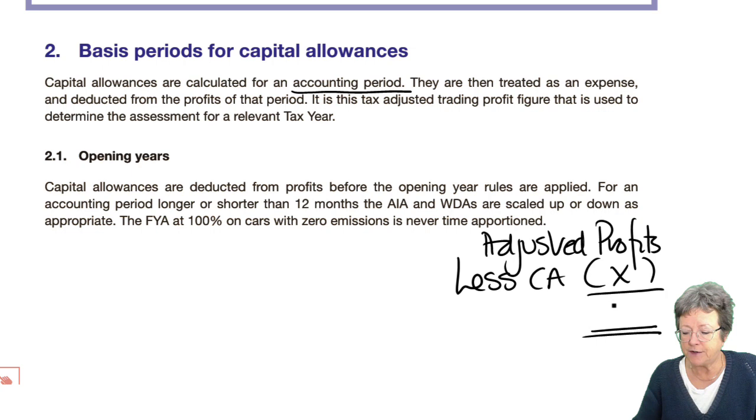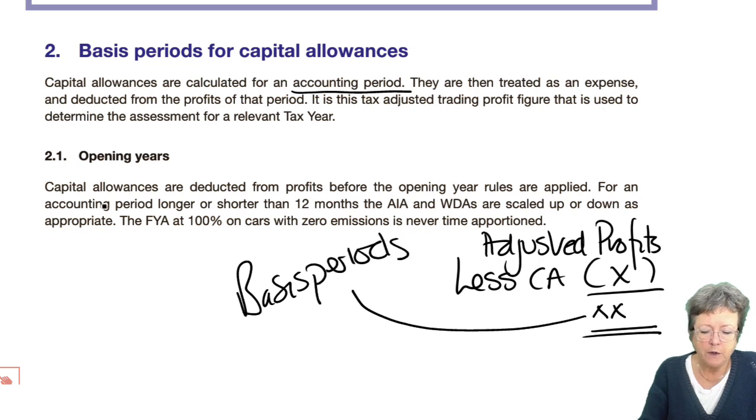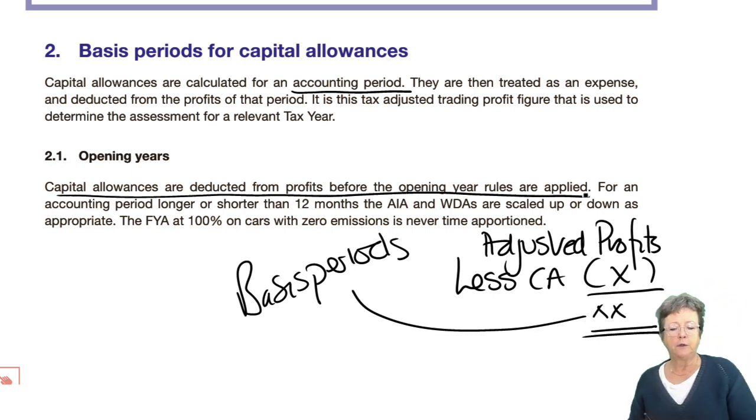And now this is the figure that you then do basis periods on. So capital allowances are deducted from profits before the opening year rules are applied. Okay, it's a bit of a recap that we have there.